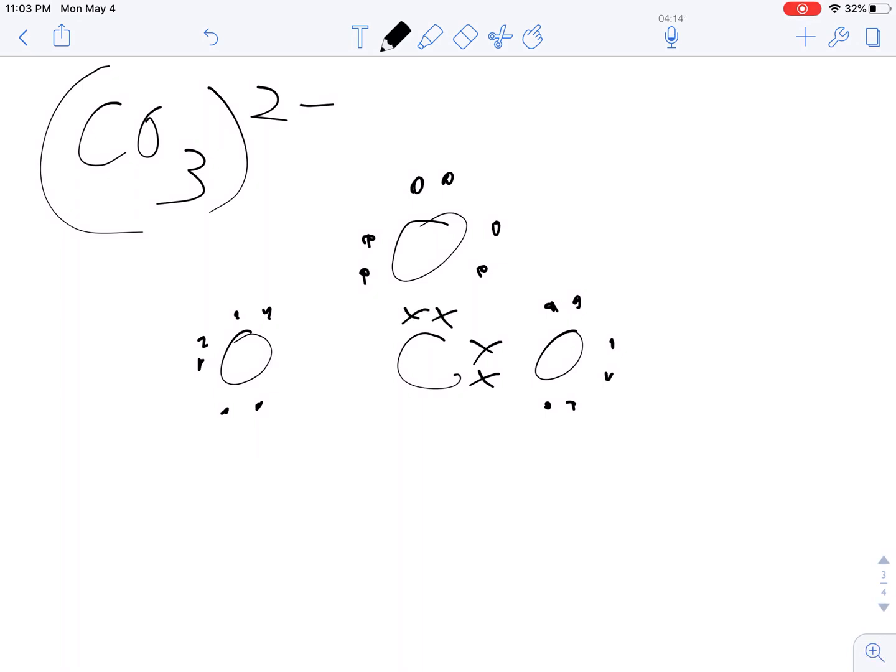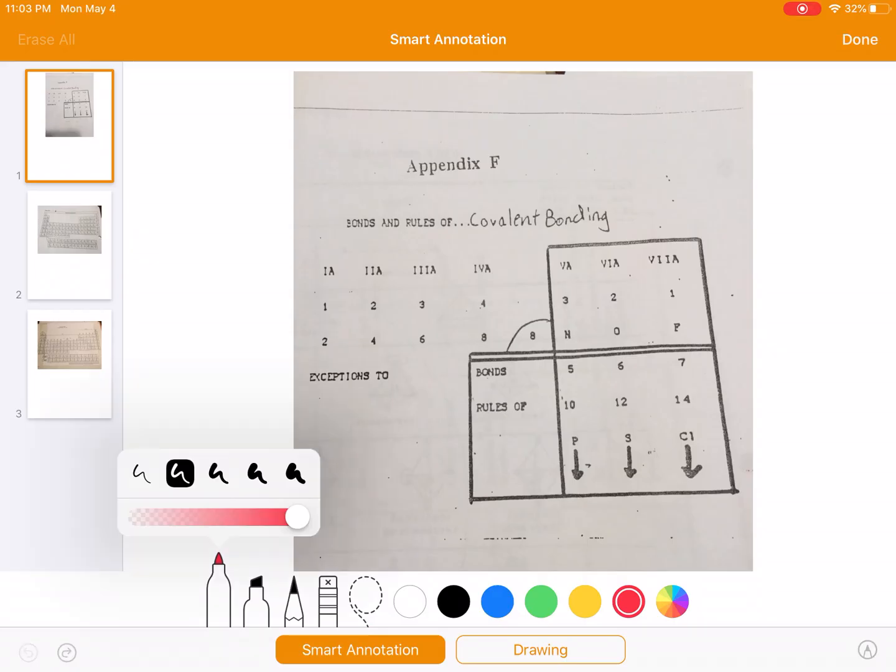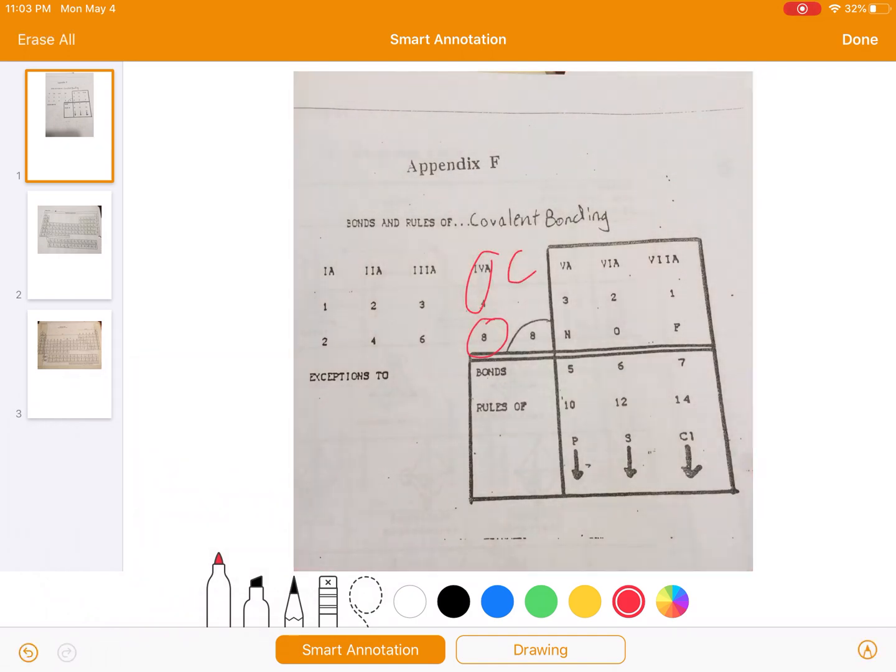Okay? Now, if I go back to my appendix F, I will see that in group 4A, I'm going to need 8 electrons. So the carbon family, I'm going to have to get 8 around it. Oxygen must get 8 around it. Okay, so I got to get 8 around the carbon, 8 around the oxygen.